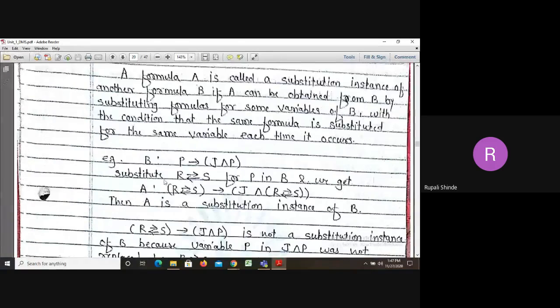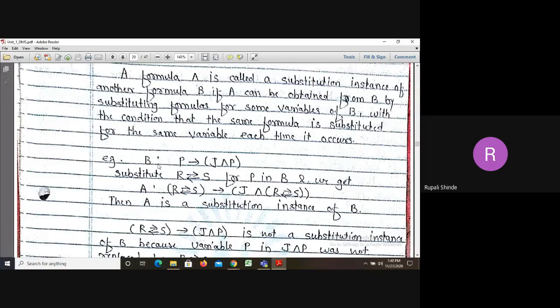Now check here. Formula B is given and that is P conditional J and P. Now suppose here we want to substitute the formula R conditional S for this variable P. Then whatever formula we get will be a substitution instance of B. What we decided is to replace this P by R conditional S. Now check here.